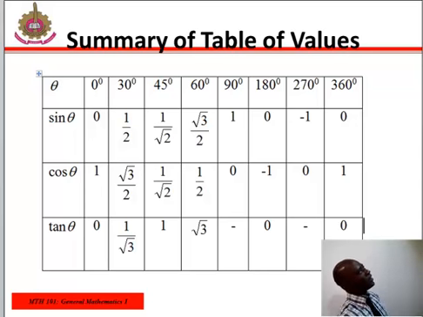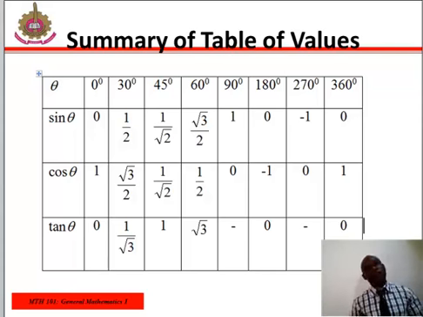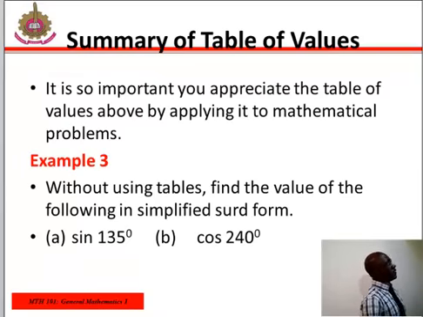At 60 degrees, we have root 3/2. And at 90, we have 1. At 180 degrees, we have 0. At 270 degrees, we have -1. And at 360, we have 0. Cos also, we have in that case. And the tan also ranges from 0 to 360 degrees.